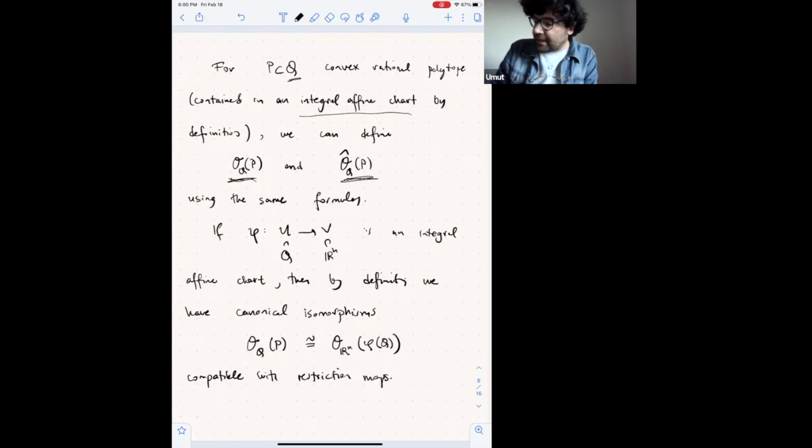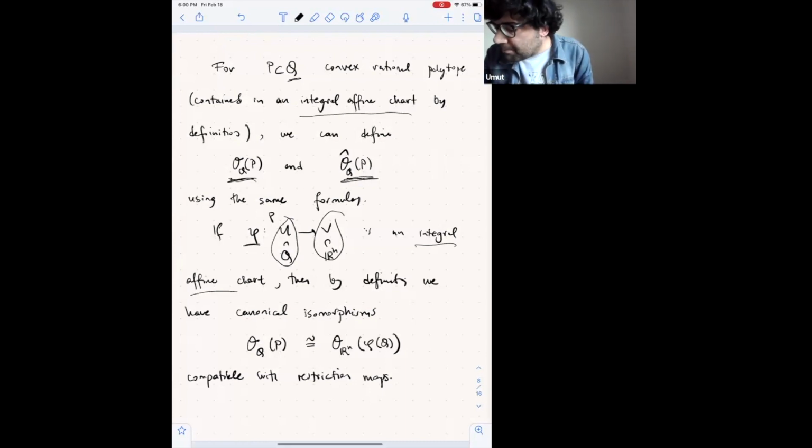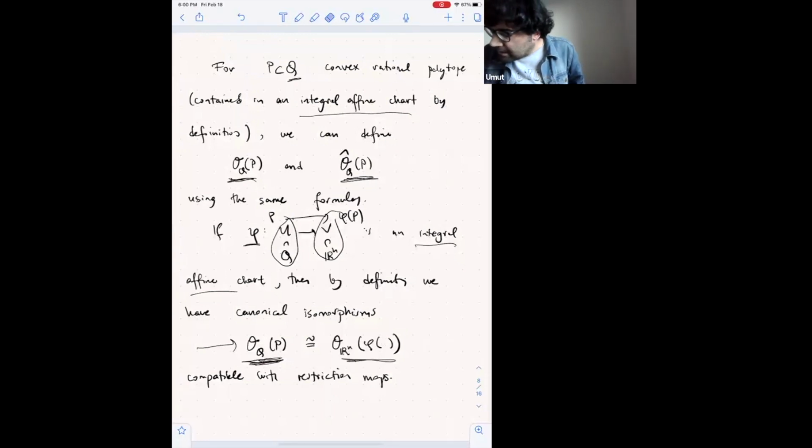And in fact, if you take an integral affine chart phi, with this the domain of the chart, and this the subset of R^n, then you have P here, so you can move P to R^n and get this convex rational polytope phi(P) inside R^n. And you immediately, just by definition, have a canonical isomorphism of the algebra of functions on P defined inside Q, and the algebra of functions on the image of P inside R^n.